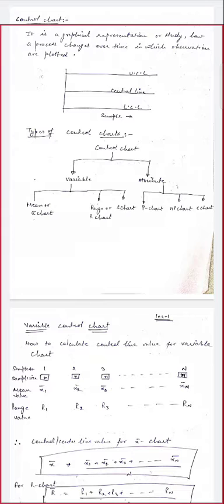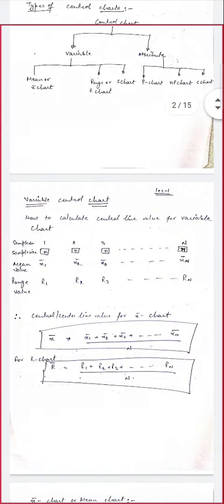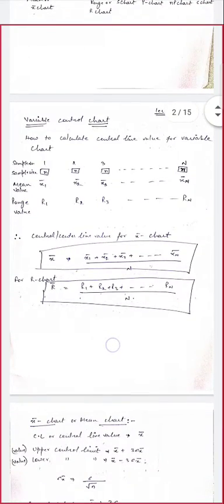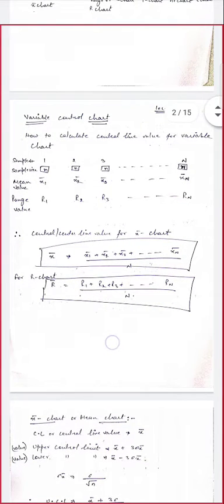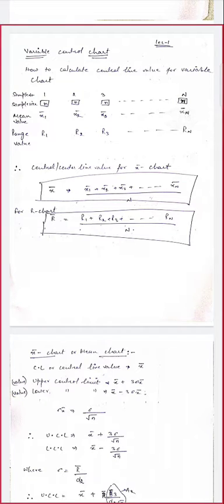So first we will discuss the variable control charts. Before that, we first have to calculate the mean value and range value for these variable charts. Suppose in this slide you can see there are sample numbers 1, 2, 3 up to capital N, and in each sample there is a sample size of small n, meaning our sample size is the same here.